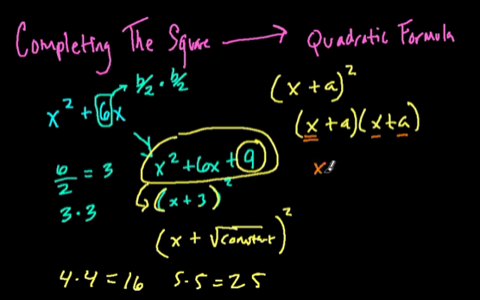So x times x is x squared, plus x times a is ax. And then our other term, we have a times x, and then a times a. So a times x again, it's ax, and then plus a times a is a squared. We combine our like terms, it's 2ax, and here we have a squared and x squared.